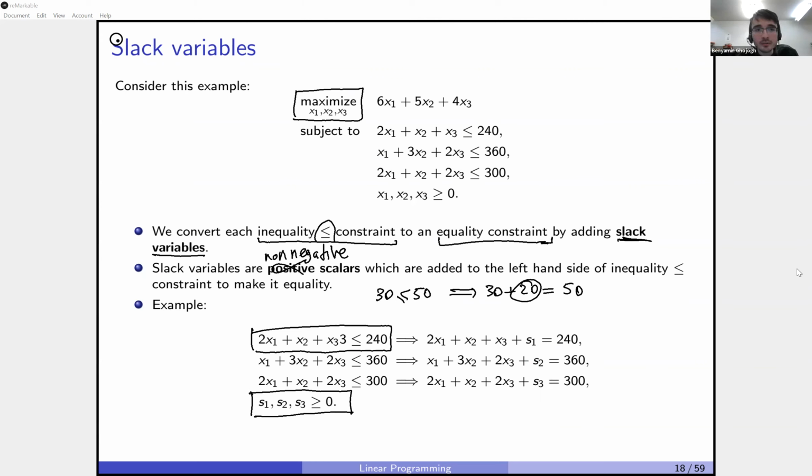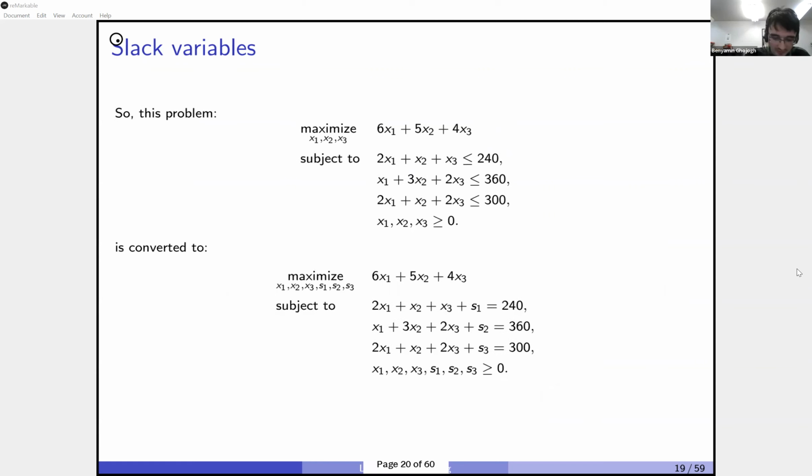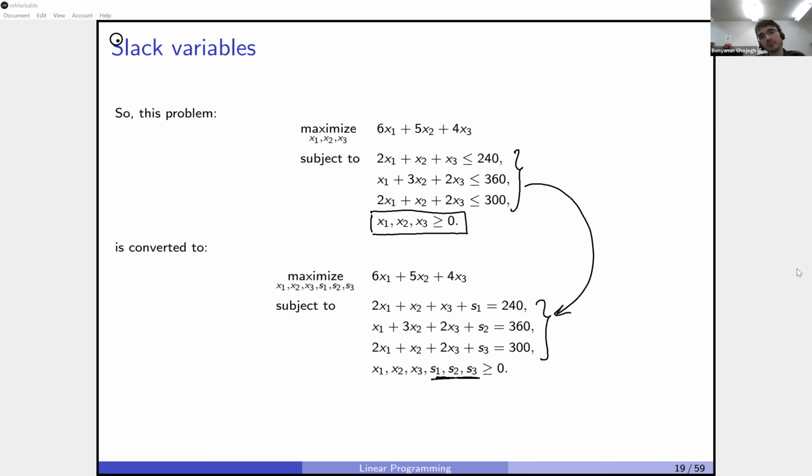So here, that was one step. This problem that we had with inequality constraints is converted to this. Here the variables are non-negative, we are in the first orthant. We also add the slack variables, which are also non-negative.